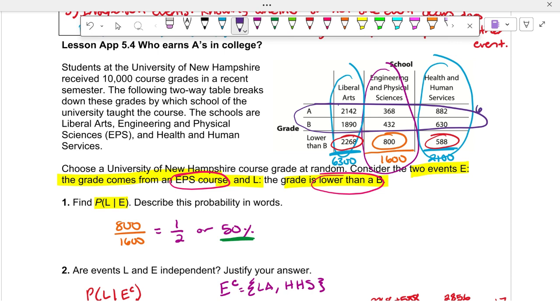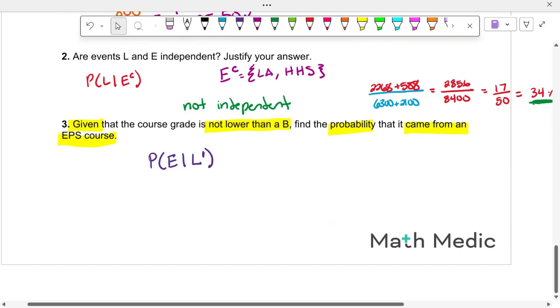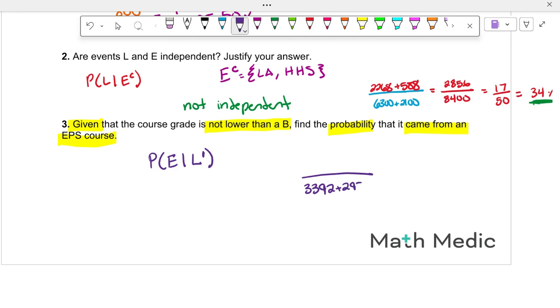So what's the top one? Just for marking sake. It's 3392. What's the bottom one? 2952. Okay. So that means when we take our probabilities, we're going to be adding those together. So 3392 plus 2952.